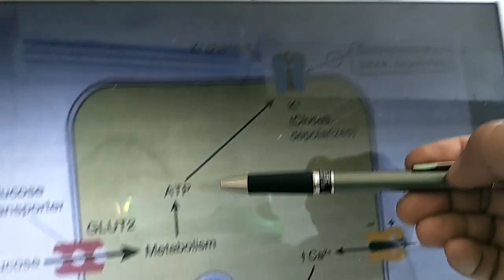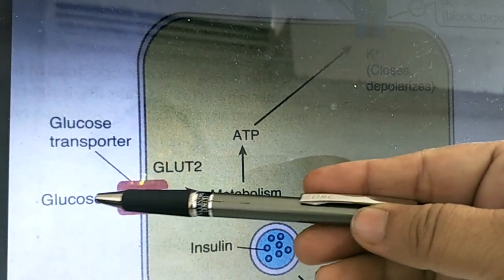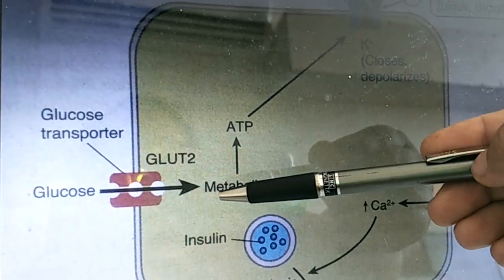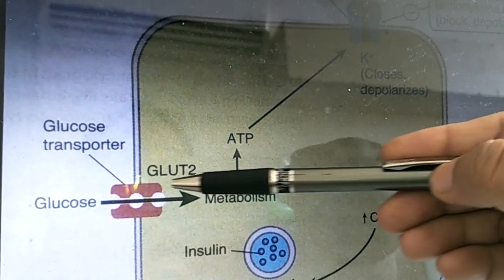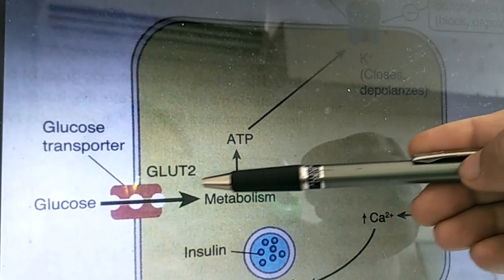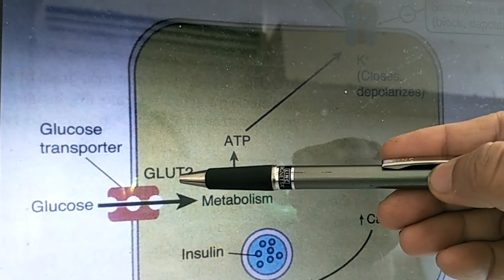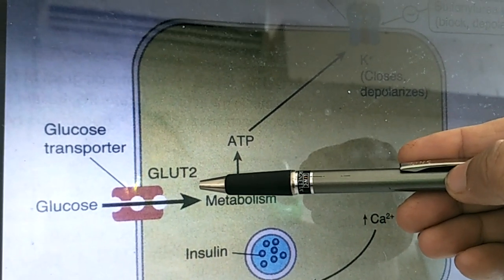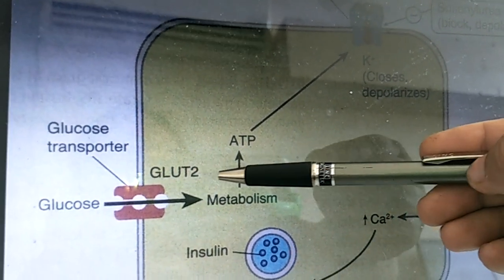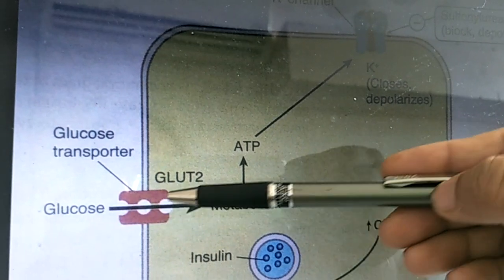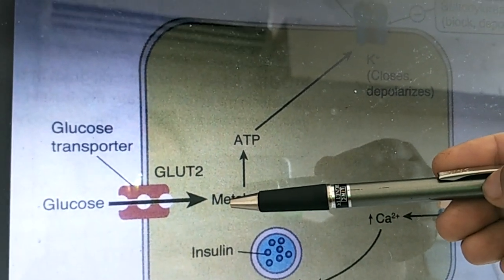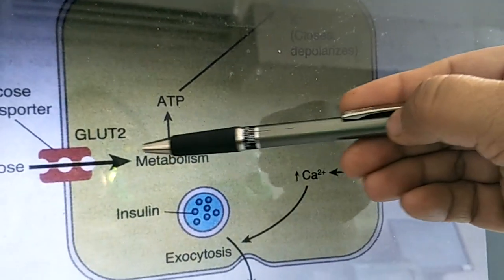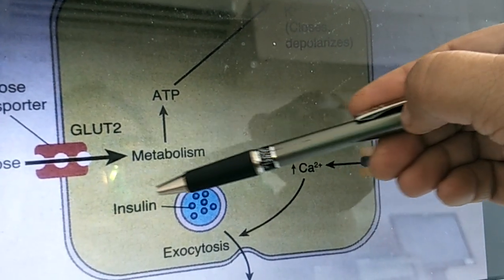After the meals, glucose enters into the beta cell through glucose transporter, GLUT, T for transporter, 2 is the form. Glucose transporter 2 causes the entry of glucose into the beta cell of the pancreas, where it is metabolized.